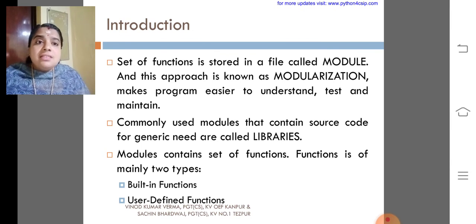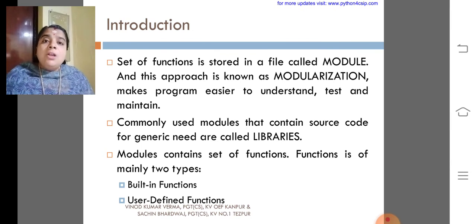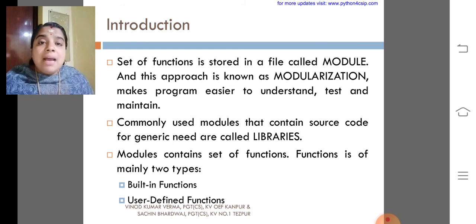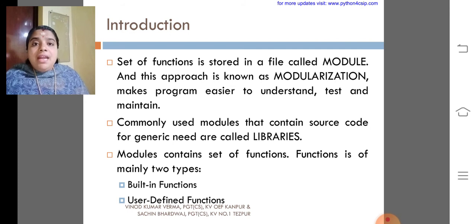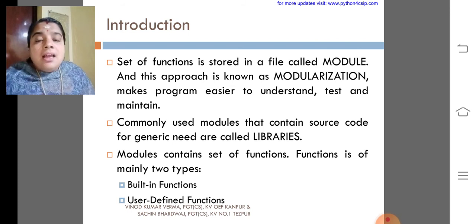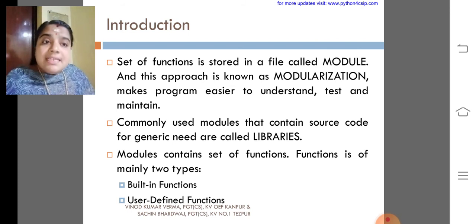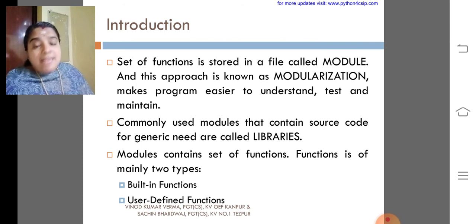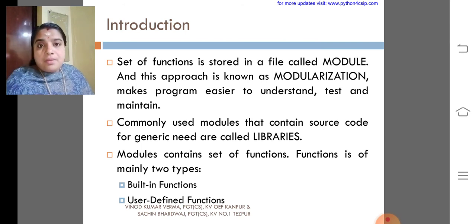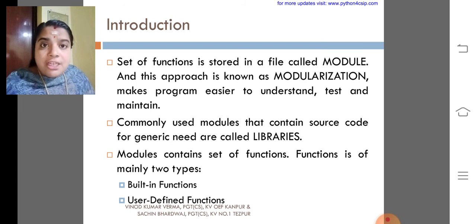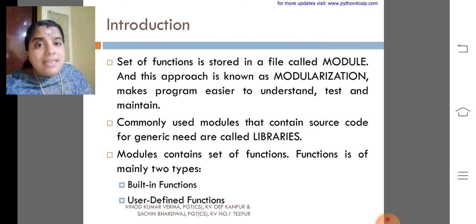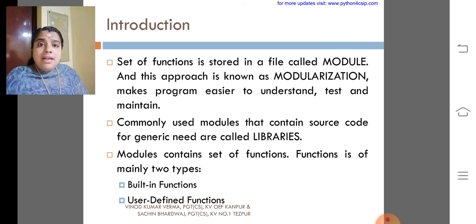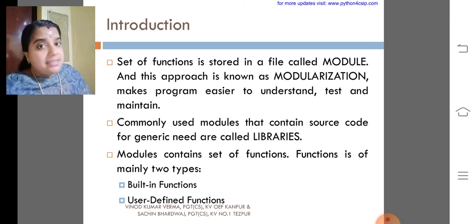A set of functions is stored in a file called module, and this approach is known as modularization. Why we need modularization is, it makes a program easier to understand, test and maintain, because each and every function will do a single task only. Commonly used modules that contain source code for generic need are called libraries.